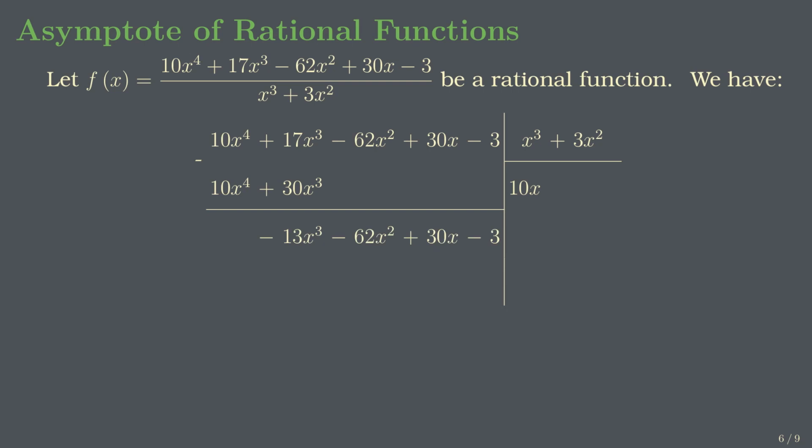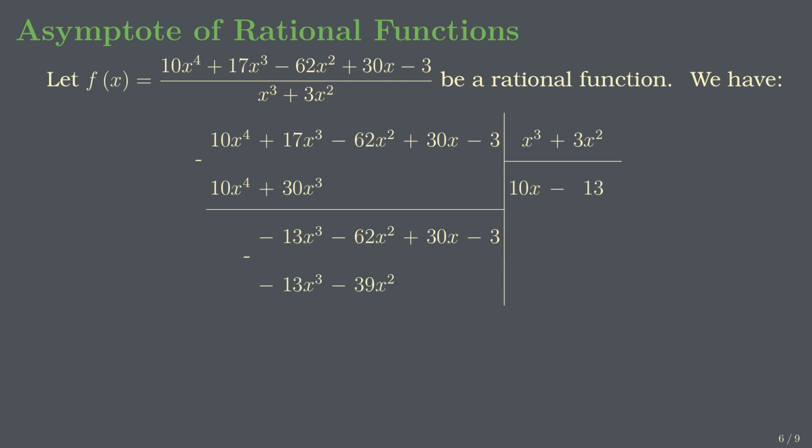Then taking the highest term of this one and dividing it by the highest term of the denominator, you get the second term of the quotient.